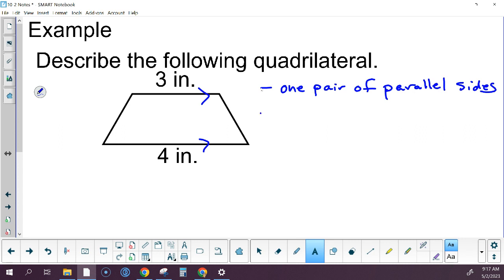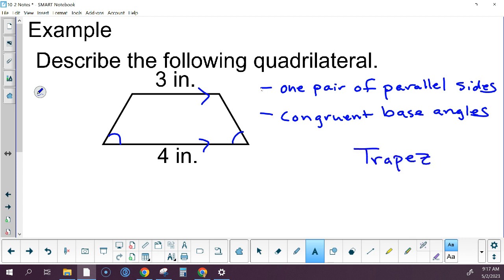And then I would say we have some congruent base angles as well. So really for our purposes, all I'm looking for is trapezoid. But if you wanted to get fancy, we would say isosceles.